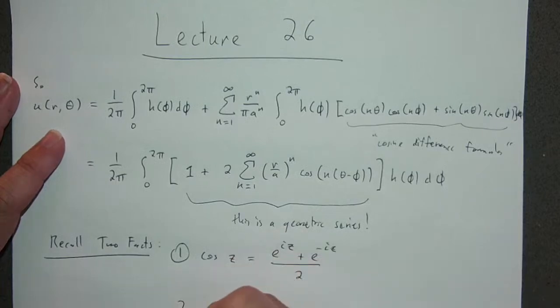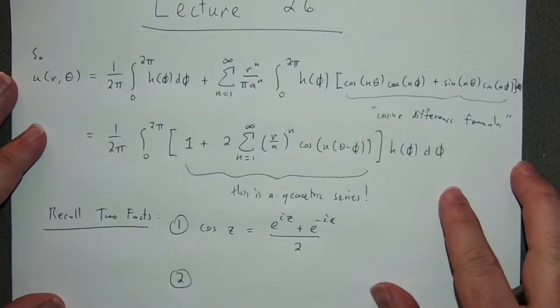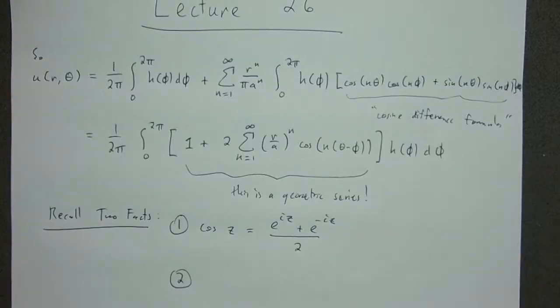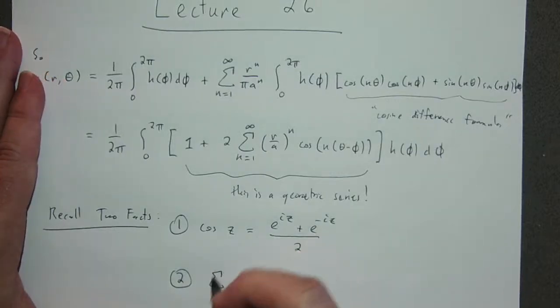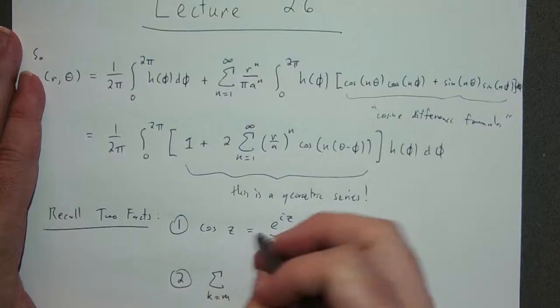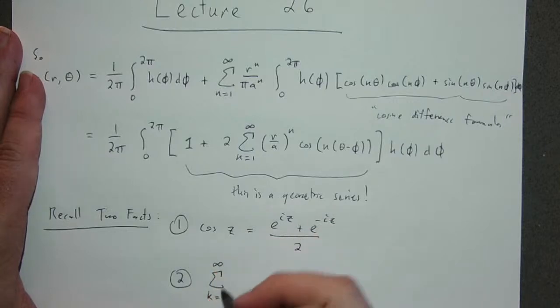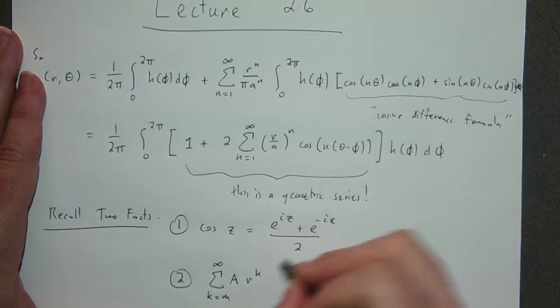So, secondly, recall that for a geometric series, first of all, what is a geometric series? A geometric series is one that looks like this. So say the sum, and we'll do the general thing. We'll start it at m. So sum from k equals m to infinity of, say, I'll write it as big A, r to the k.